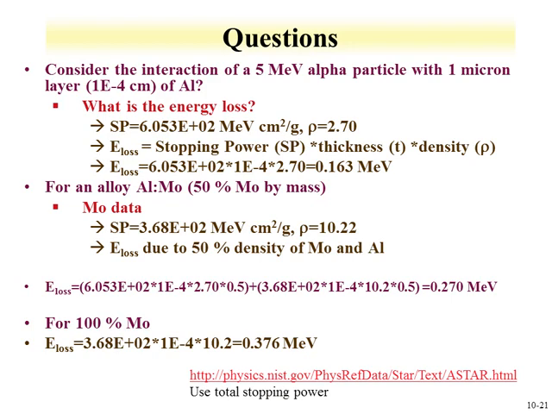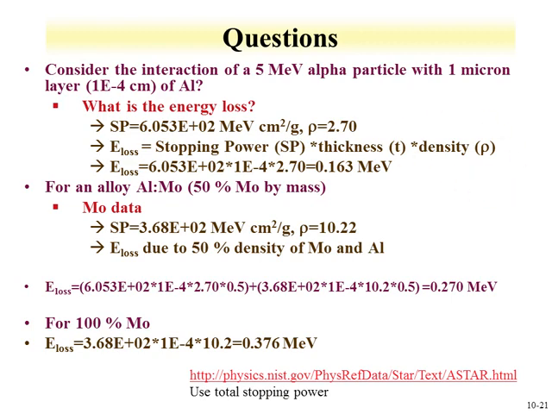So, for example, consider the interaction of a 5 MeV alpha particle with a 1 micron layer of aluminum. We want to utilize the equation to determine the energy loss. The energy loss is stopping power times the thickness times the density.